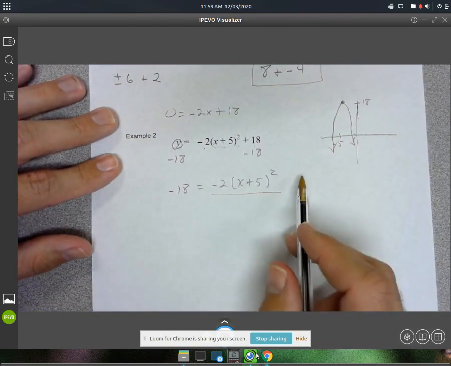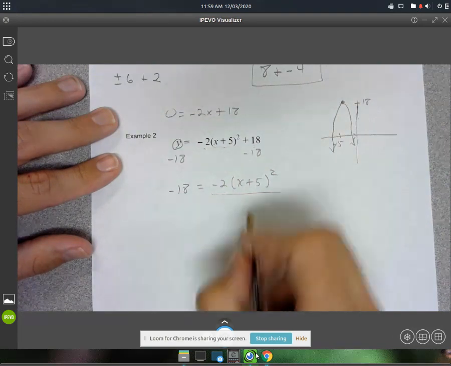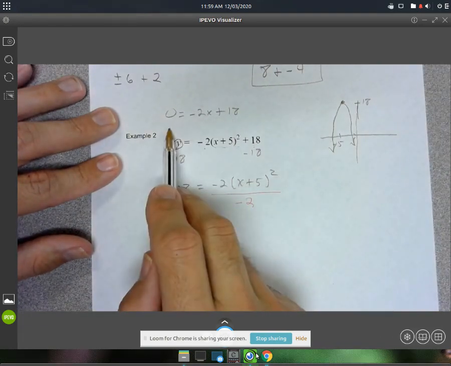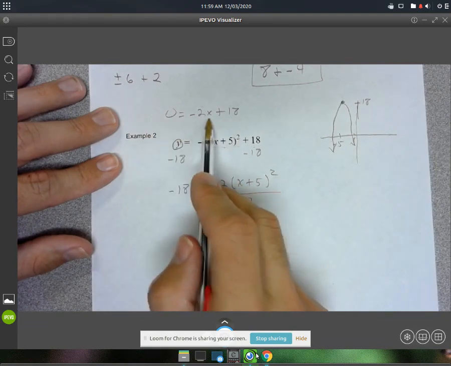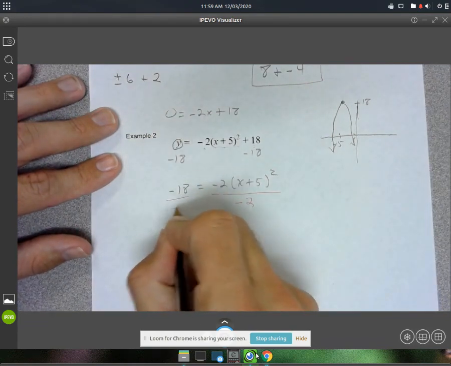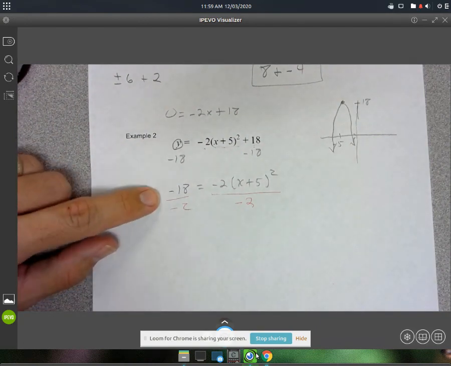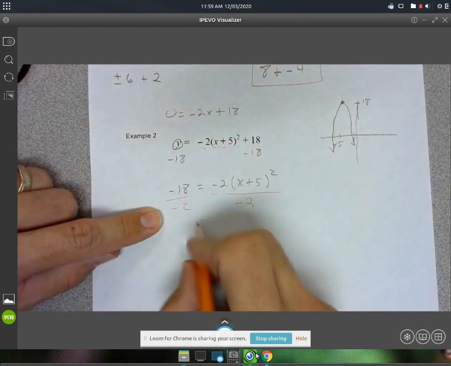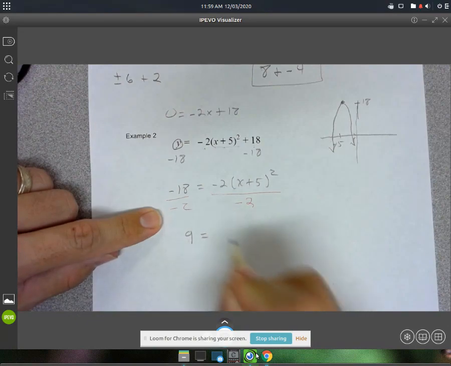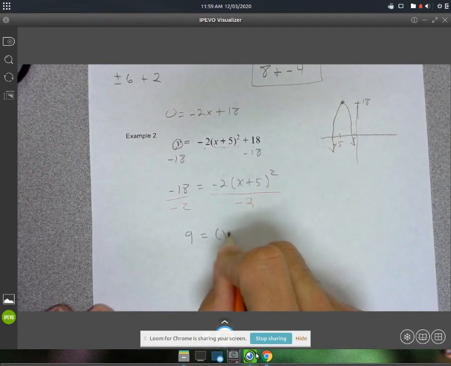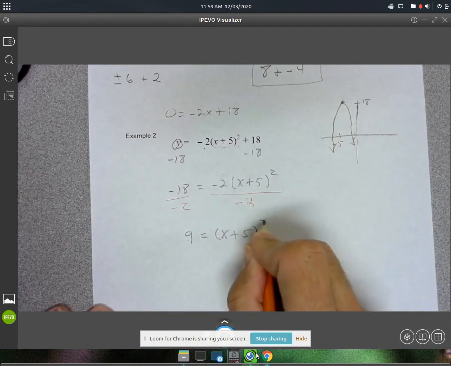Before we square root, we're going to get rid of this number out front. It's kind of like this: you would minus 18, and then you would divide by negative 2. That's what we're doing as well. Negative 18 divided by negative 2 is equal to positive 9. These 2 negative 2's cancel out, so you're just left with x plus 5 squared.